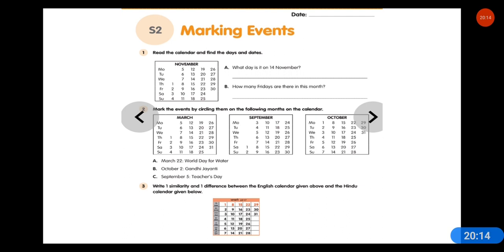B. October 2nd, which is Gandhi Jayanti. You have to go to the October calendar and mark it. C. September 5th, Teachers' Day. You have to mark it. Right? And third, write one similarity and one difference between the English calendar given above and the Hindu calendar given below. You have to write one similarity and one difference.